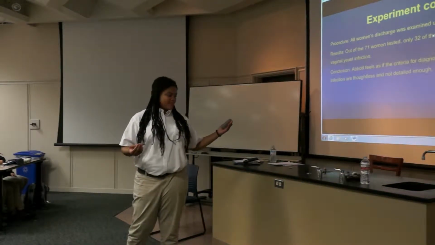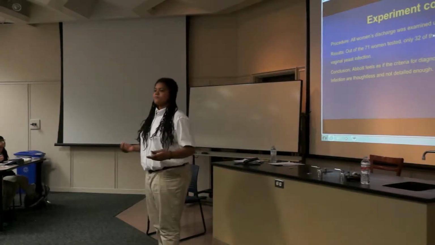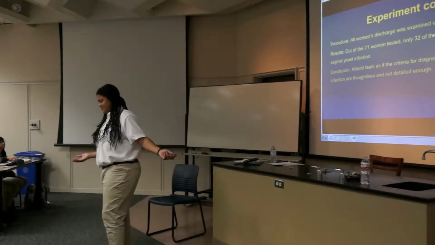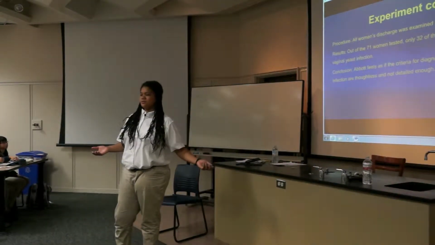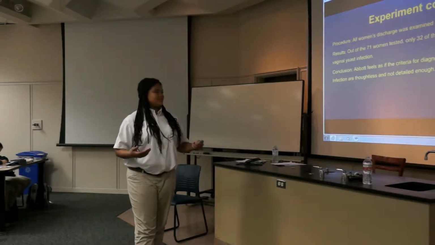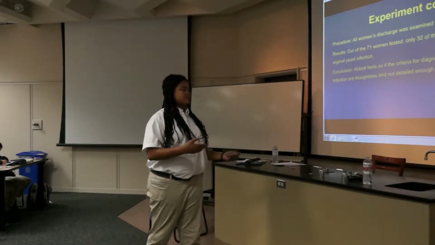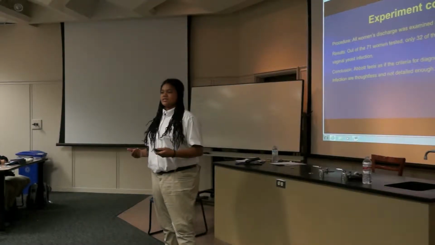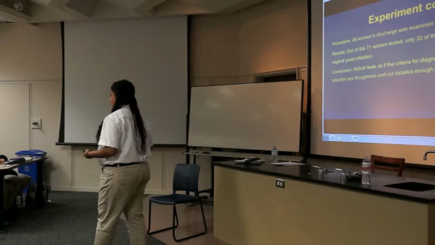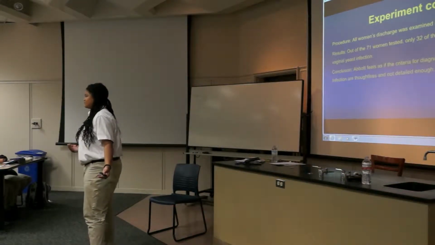Before this experiment, all 71 women were diagnosed with a vaginal yeast infection at this clinic because of their symptoms and complaints. What Jen did differently from the doctors was, instead of looking at the symptoms, she took swabs of the discharge from all 71 women and put it under a microscope.